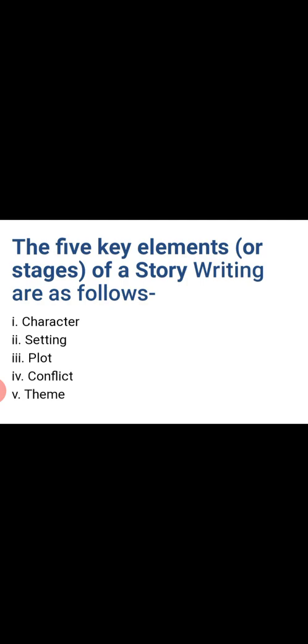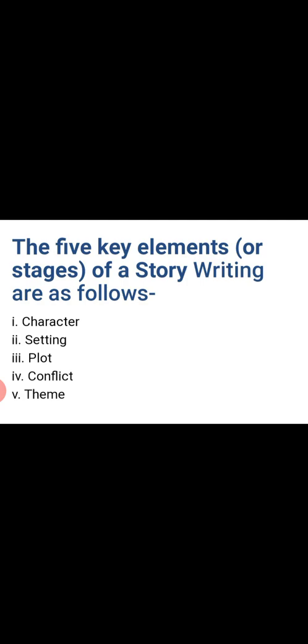Now, what is a plot in a story? Plot is the development of the events, or the arrangement of the events in the story, isn't it? You have to arrange the events in a very natural manner. It should be coherent. That means one event should be linked to the next event.